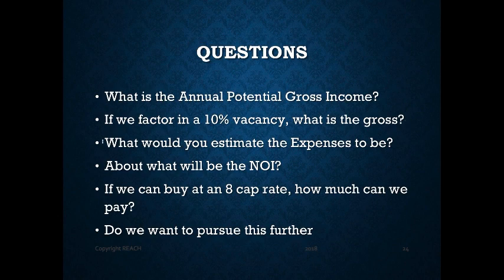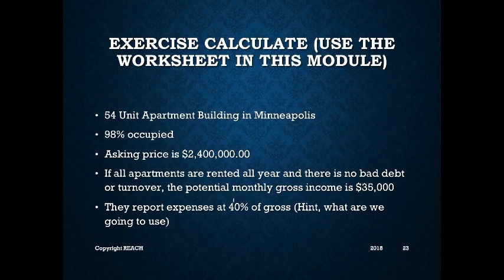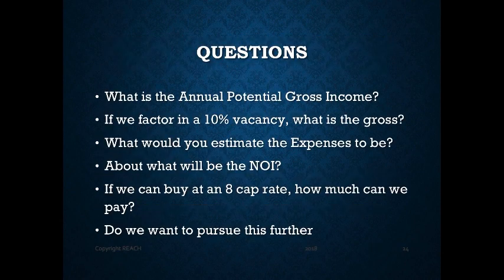What would you expect the expenses to be? We said up here they said the expenses are 40% of the gross, and that's what we're going to use. So my gross, we said, is $378,000, and I'm going to multiply that times 0.4.